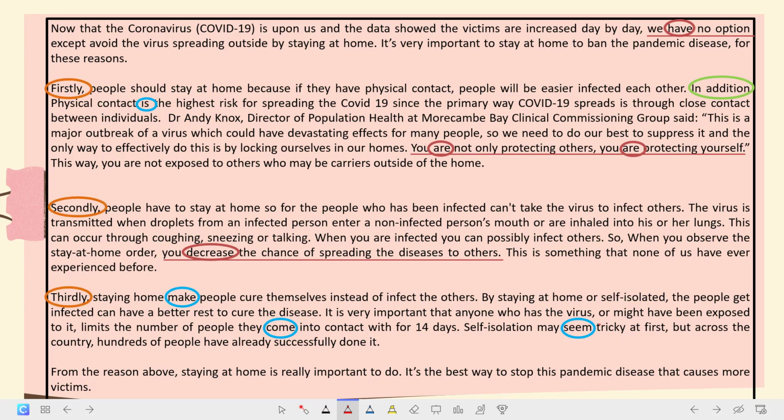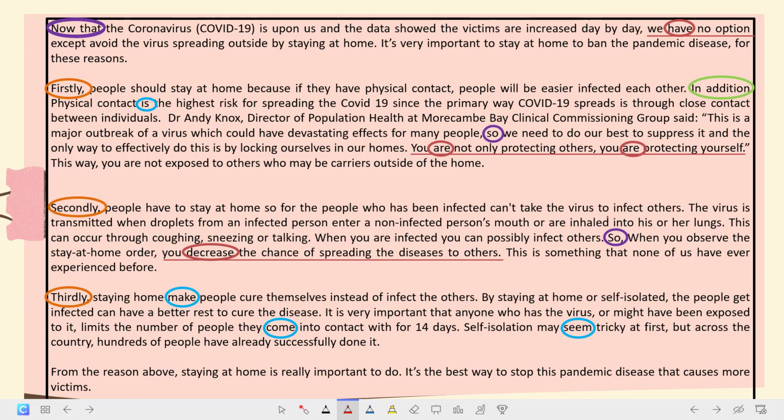And next, we have the internal conjunction of time like firstly, secondly, thirdly. In analytical exposition, we see these conjunctions that begin the argument: firstly, secondly, thirdly, and so forth. And the next, this one: now that.